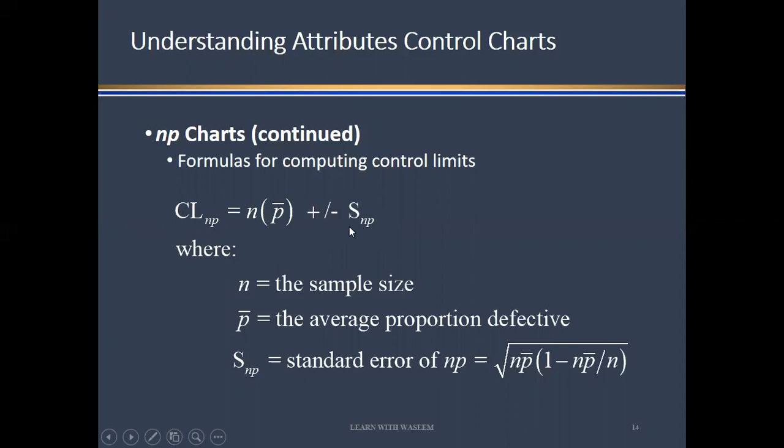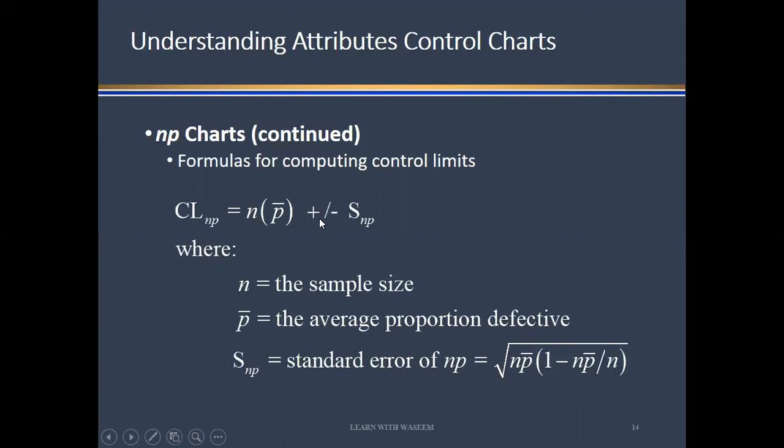This is plus minus 3 SNP. N is the sample size, P bar is the average proportion defective, and SNP is the standard error of NP, which is equal to the square root of NP bar into 1 minus P bar.